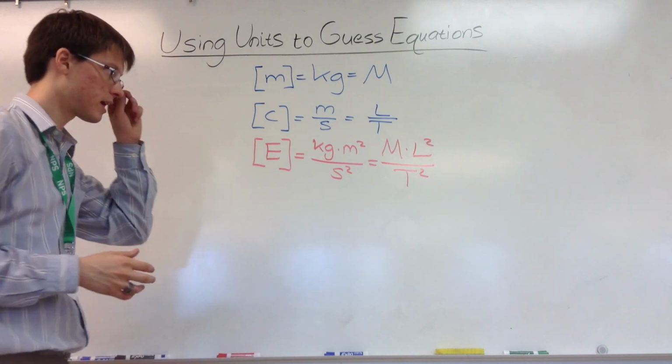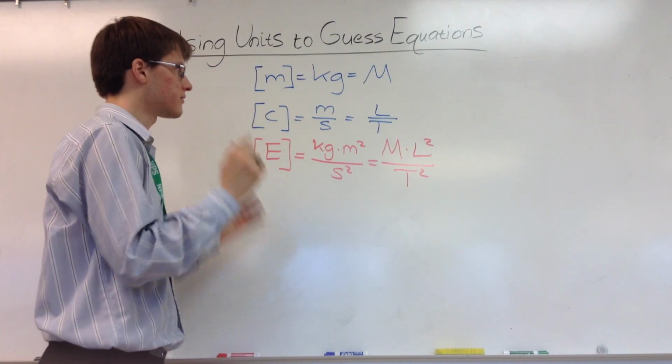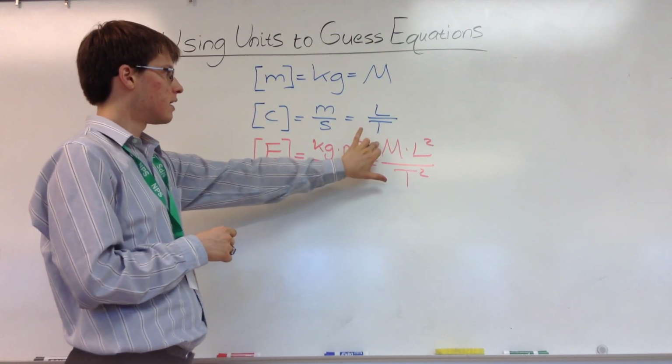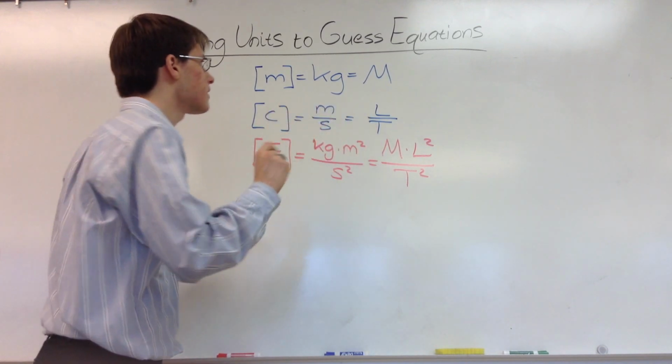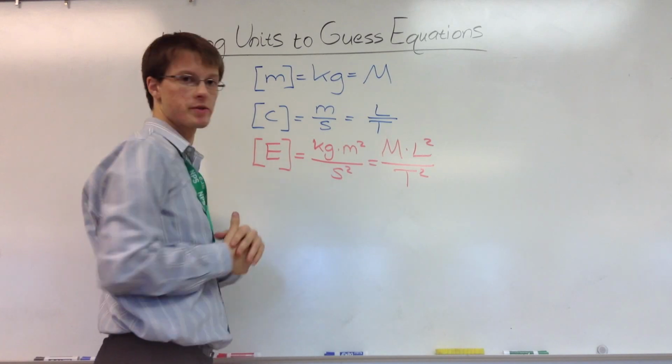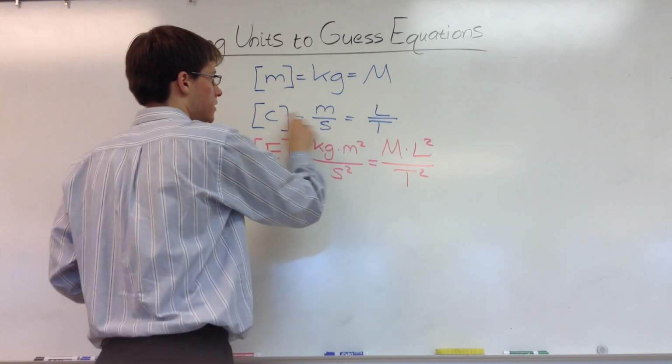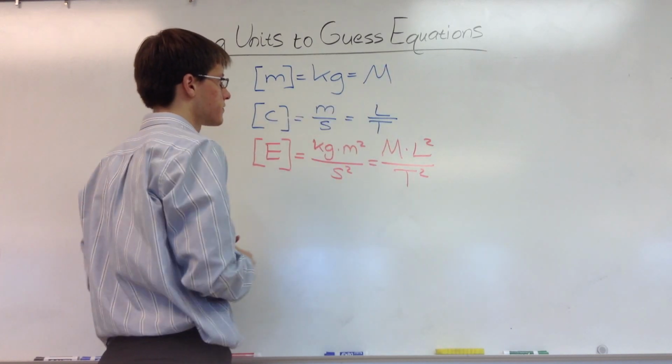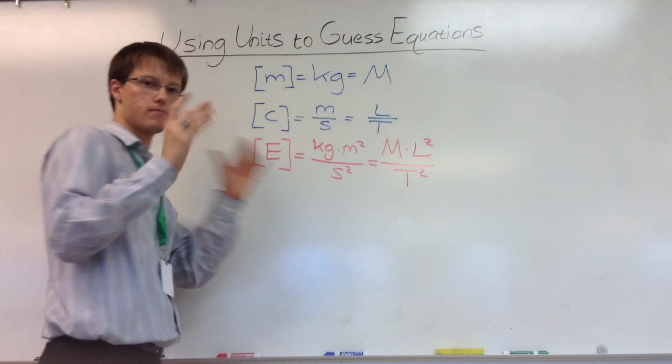So the general approach that I like to take is, the first step is to look at these two variables and see which one is more complicated. Here, this is more complicated than this. This is a quotient, this is just mass.